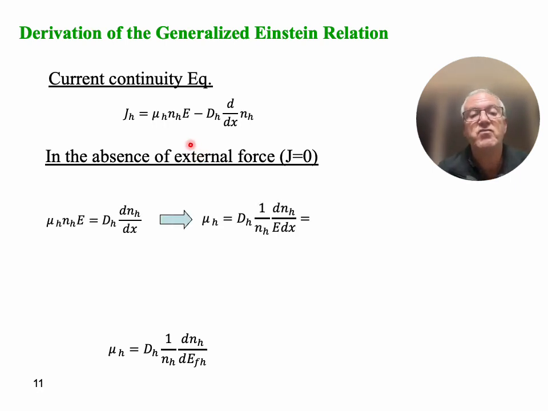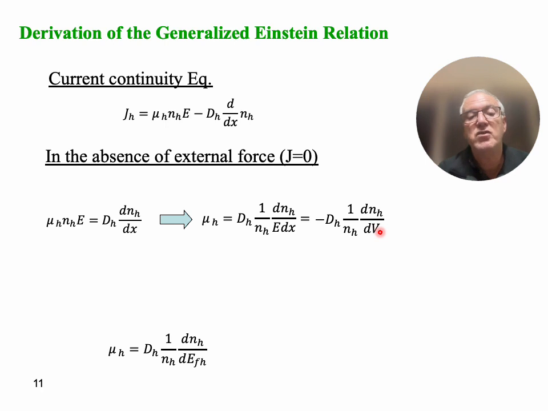So when we are in this regime, we can manipulate this equation to derive the relation between the diffusion and the mobility. We see here the electric field, this is the distance, and when we manipulate it a little bit, we get this expression here where we can identify E, the electric field, times dx. And obviously, when we are thinking of devices, then this immediately is being replaced by the voltage drop.